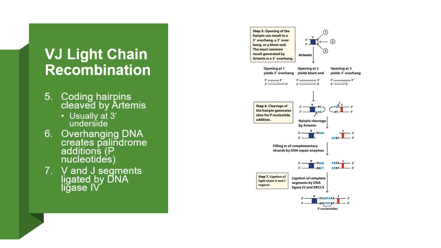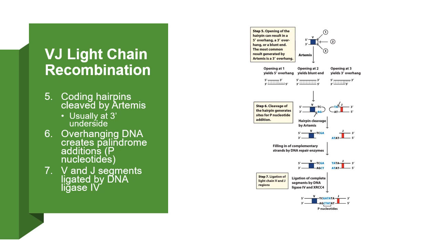And then for the light chain, the last step is ligation of the V and J segments. So then we have to actually glue those back together after you create those palindrome sequences. So these are known as palindrome sequences because your initial sequence basically hairpin cleavage by Artemis occurs, and you end up with this sequence, TCGA on one side, because of where this enzyme cuts.